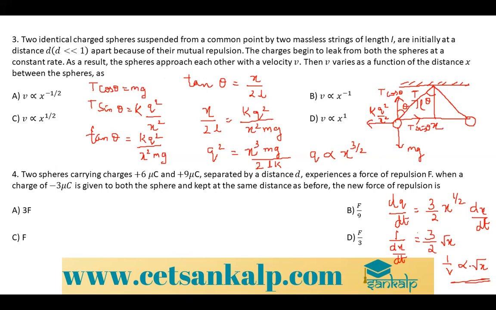So v is proportional to 1 divided by x to the power 1/2. So v is proportional to x to the power minus 1/2. So option A is the right answer.